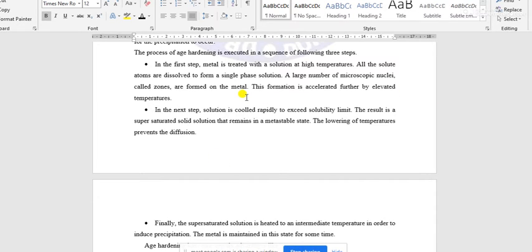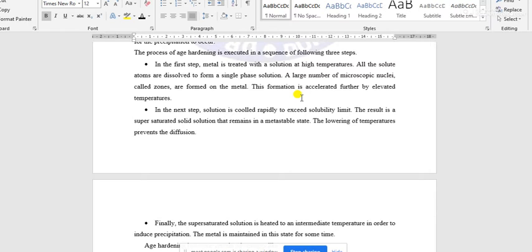In the first step, you have to make a solution of the metal at a higher temperature. That means all the solute atoms are dissolved into the solid solution to make a single phase system. And as the temperature is high, a large number of solute atoms are dissolved into the solution.